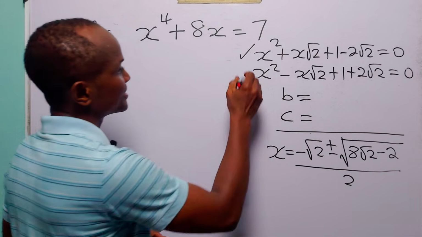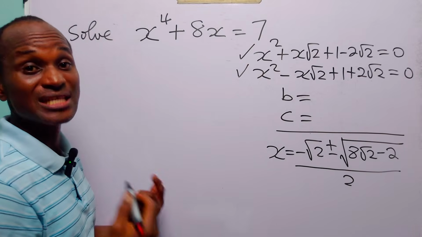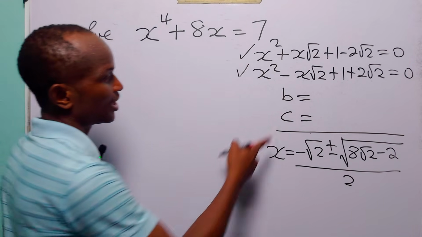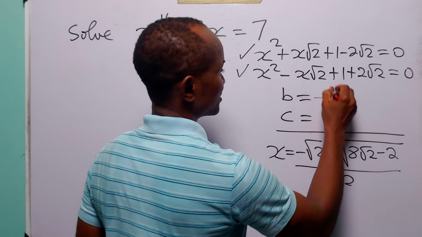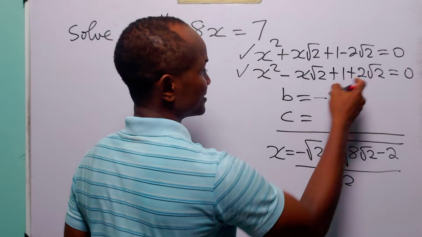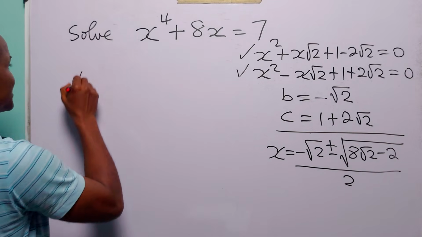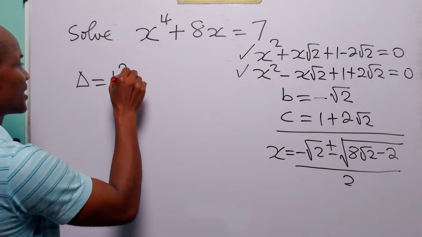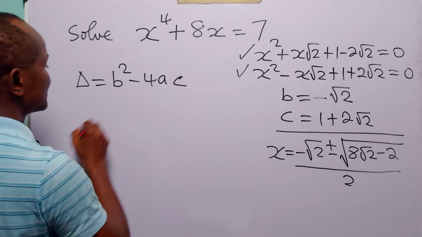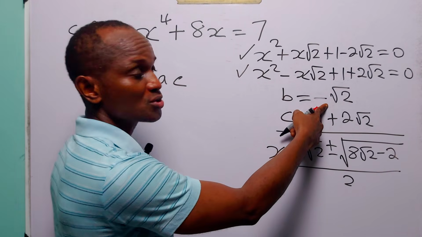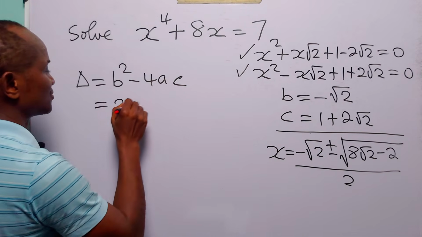Now, in the second case, this quadratic equation is not going to yield any real values of x. Let us check. B is minus root 2 and C is 1 plus 2 root 2. We have the discriminant as b squared minus 4ac. B squared is minus root 2 squared, which is equal to 2.